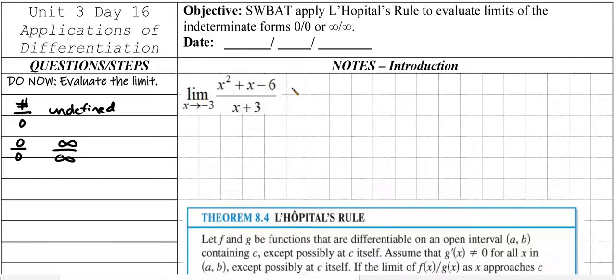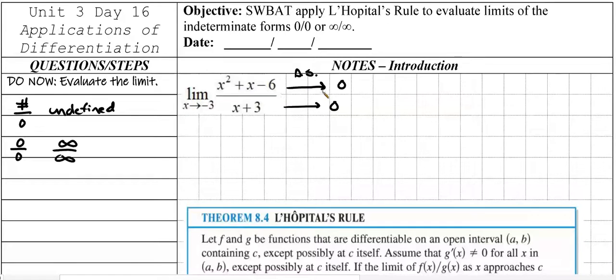Now, in the beginning of this class, in Unit 1, we talked about taking limits of functions by doing some sort of algebraic manipulation. The first step you needed to do was direct substitute the -3 into each of the x's. And when you do that, you get 0 on the top and 0 on the bottom.